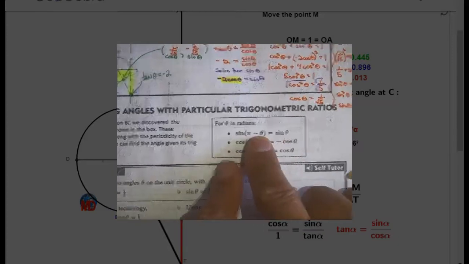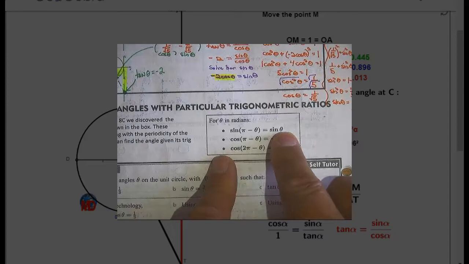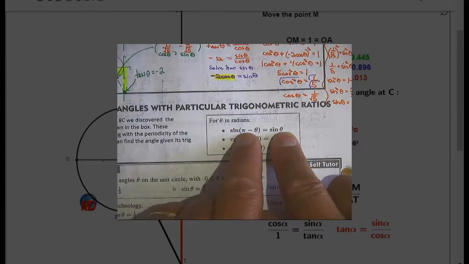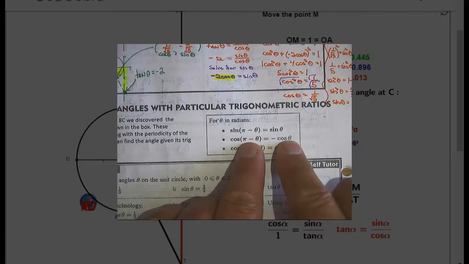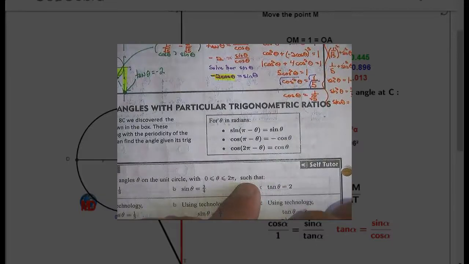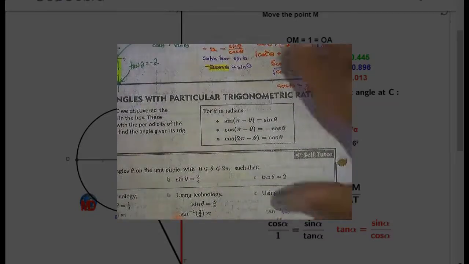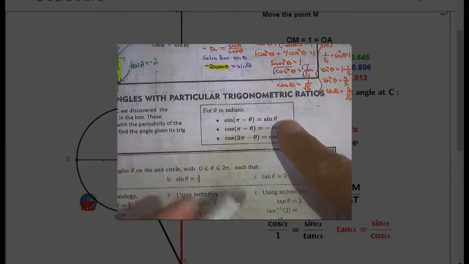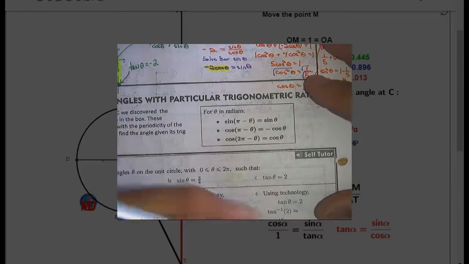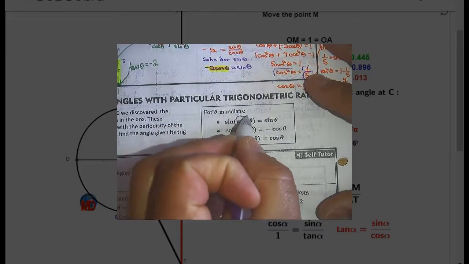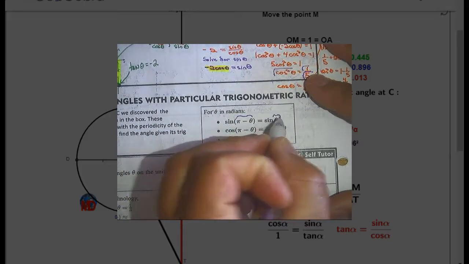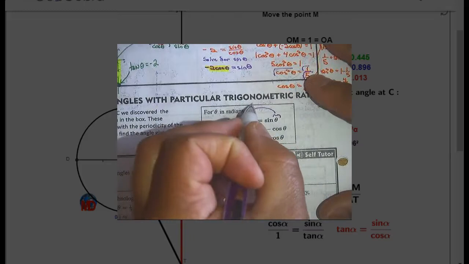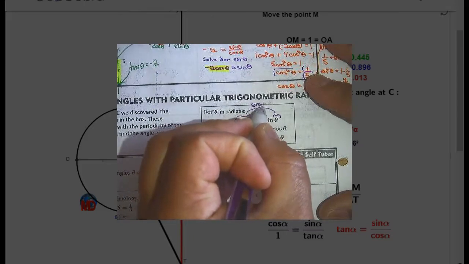So this is the one that says the sine of an angle and its supplement are equal. The cosine of an angle and its supplement are opposite. These are supplements. That angle and that angle are supplements because they add up to 180.